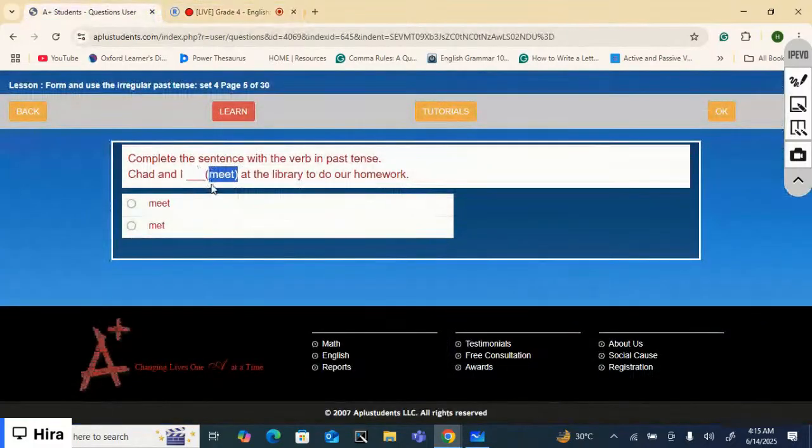So, what is the correct answer? Yes, it is met. Met is the correct past tense verb of meet.